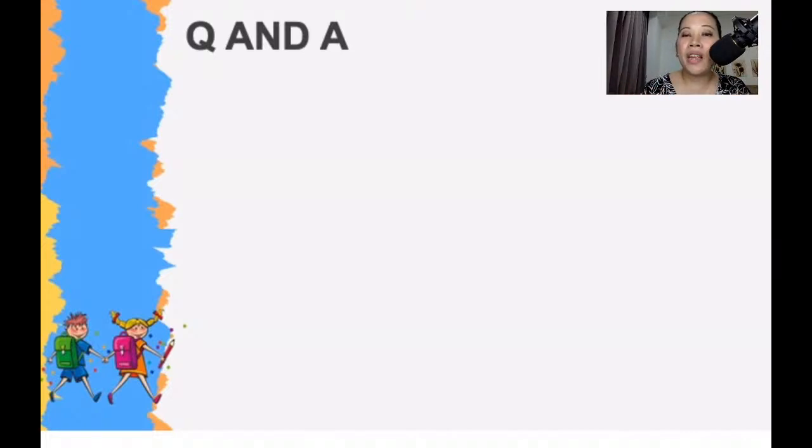For example, 3 is to 1. Let's say I have 3 and you have 2. What is the ratio between what I have and yours? It will be 3 is to 2. Sorry, 3 is to 2.